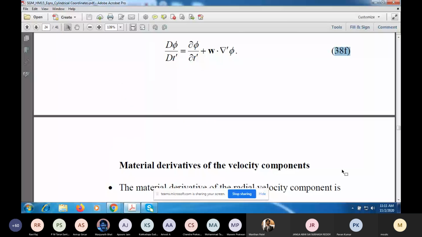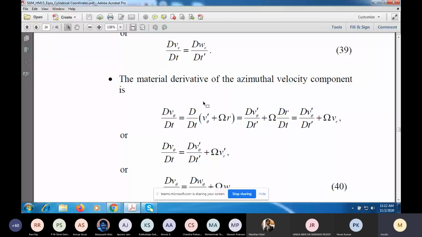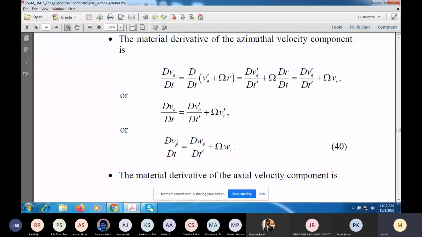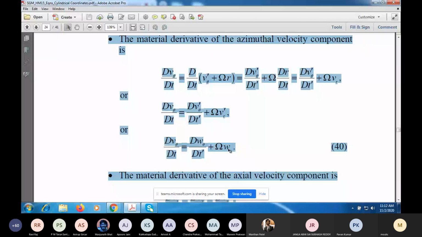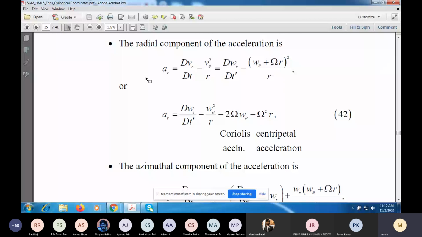Now, I went through this material last time, that the material derivative of Vr is the same as the material derivative in the rotating frame of Wr. But if you look at the v theta component, you have an additional term here. So if you look at the components of the acceleration vector, this I derived last time.